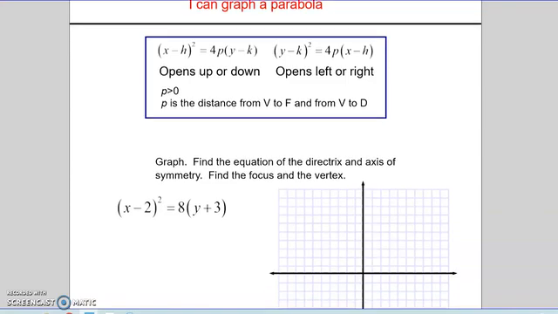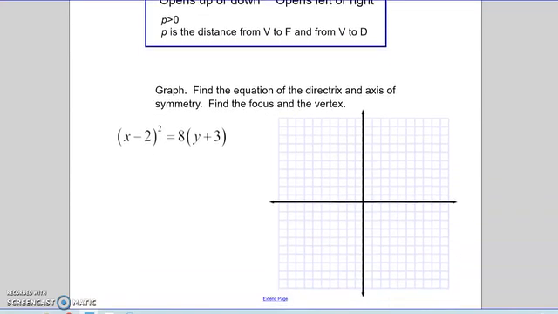Okay, first example then. So we have this, (x minus 2) squared is equal to 8(y plus 3). So we notice that the x part is squared, so this is going to be a parabola that opens up or opens down. In this case, this value here is positive, so this parabola is going to open upwards.